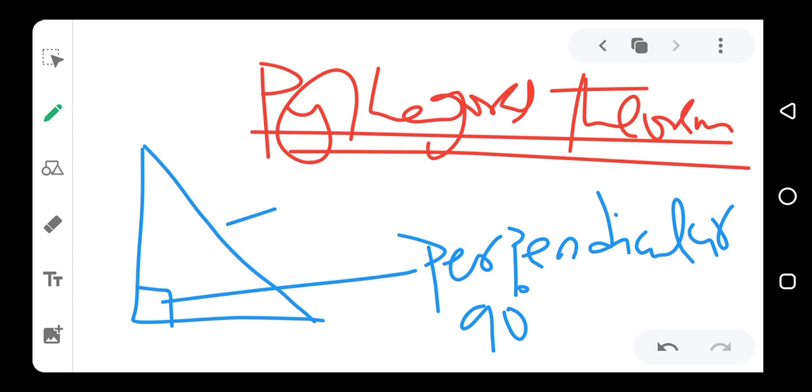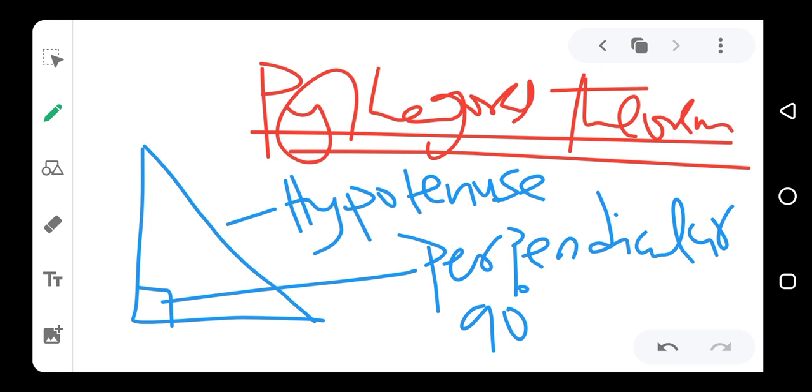So this place is called the hypotenuse. The other sides are called adjacents. So this place is called an adjacent and this place is also called an adjacent.